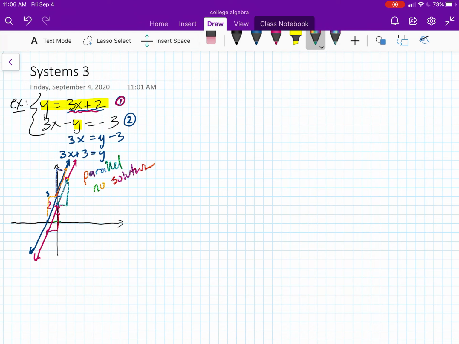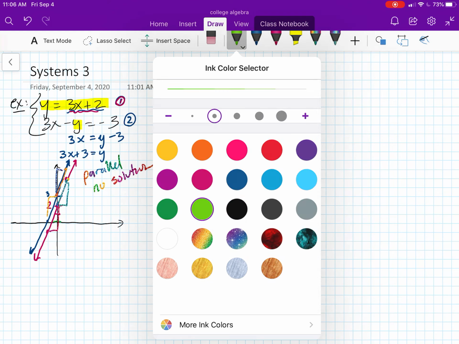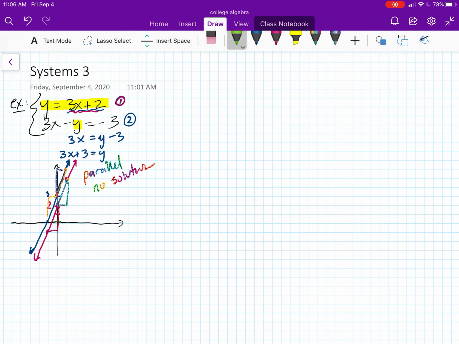Additionally, if there is no solution, you may see that your homework asks you to classify that. This is considered inconsistent and independent.